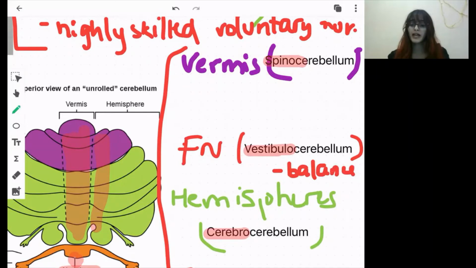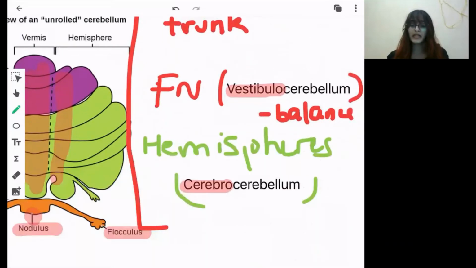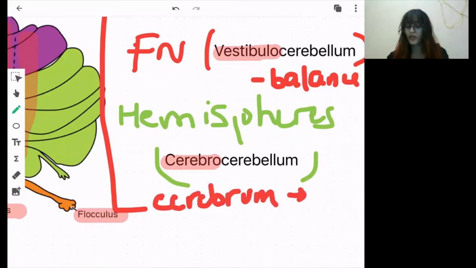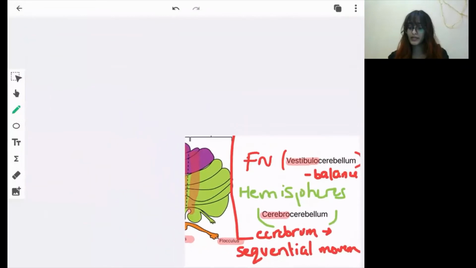The vermis area is for controlling the muscles of the trunk. And the hemispheres, along with cerebrum, are responsible for the sequential movement of limbs.